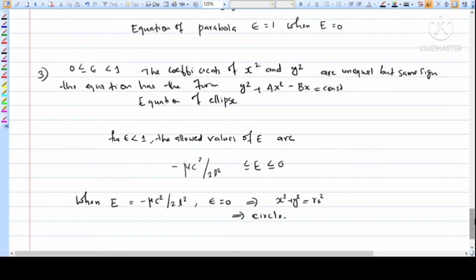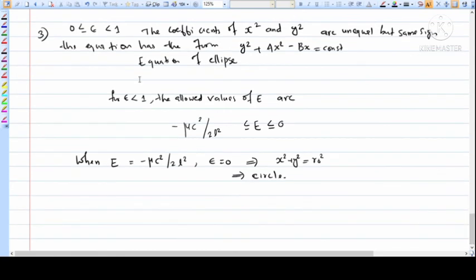So when this condition is attained, the planets which satisfy this condition will go through an ellipse, and their orbit will be elliptical in shape. So the condition for epsilon less than 1 is minus mu c square by 2L square less than or equal to E less than or equal to 0.